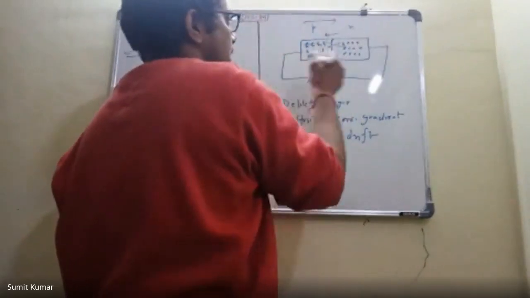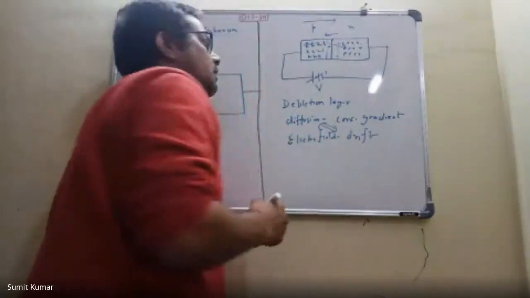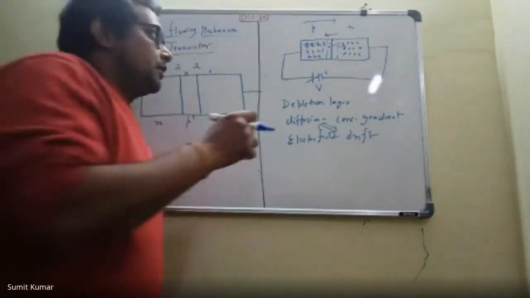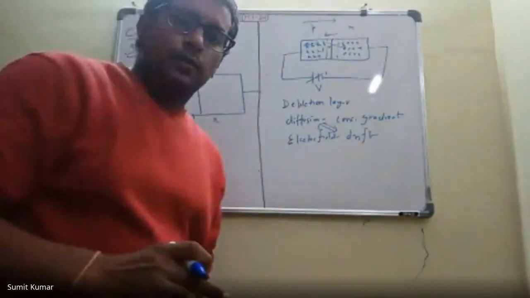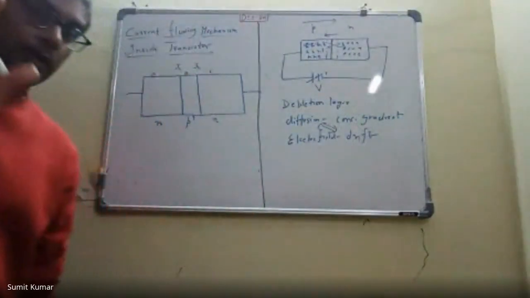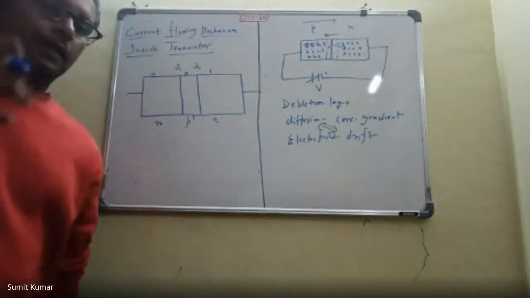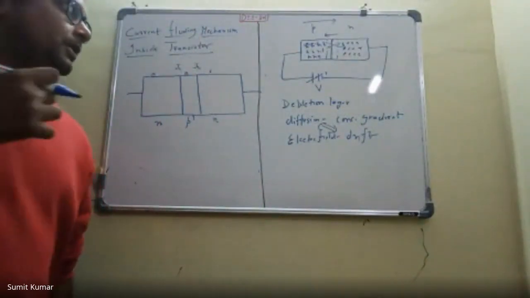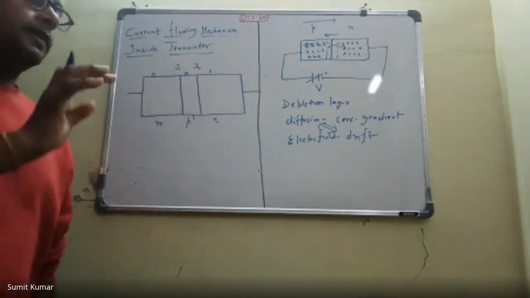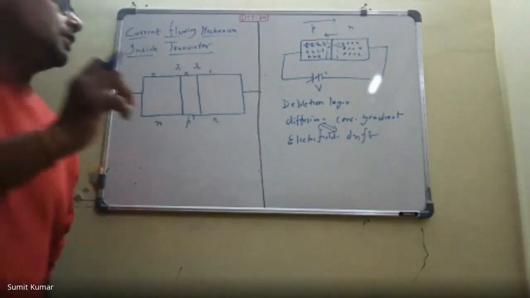If these electrons are moving into the p region, then in between, a large number of holes are there. We are understanding the PN junction in forward bias, so we are recalling the concept of the PN junction, which we will use here, and it will make our explanation very easy.